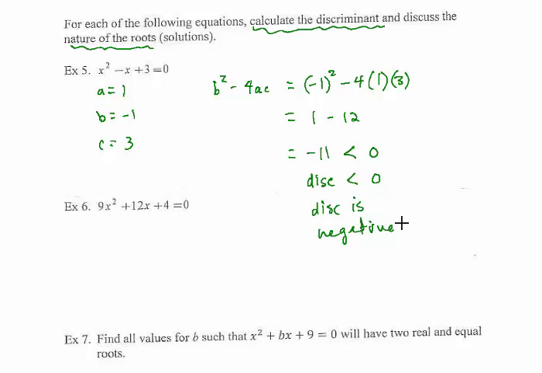Therefore, for this particular equation, there are two complex solutions, because the discriminant is the inside of the radical. We're taking the square root of a negative number. So we end up with two complex solutions.